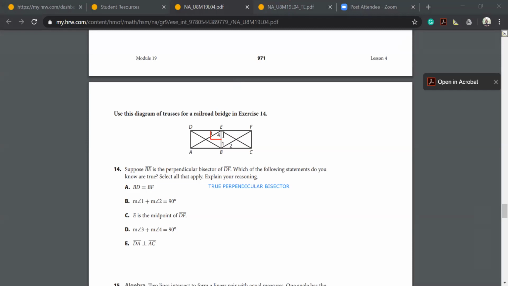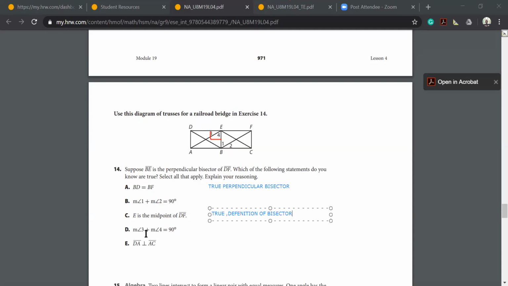Question C. E is the midpoint of DF. Of course, it is the midpoint because this is the definition of bisector. Since BE is the bisector of DF, E is the midpoint of DF. So of course, this here is true by definition of bisector, right?